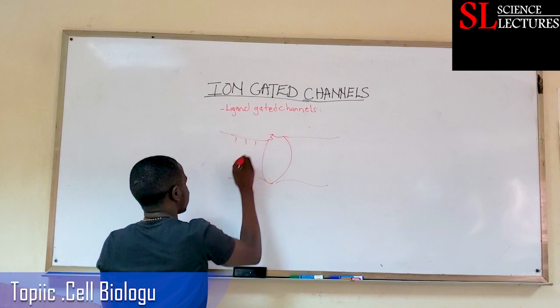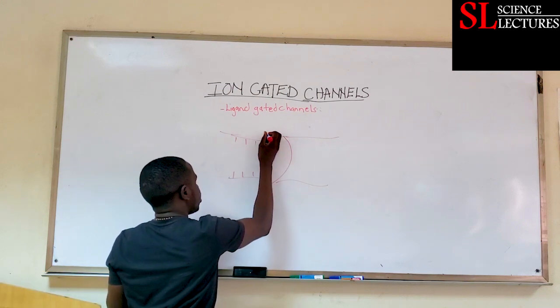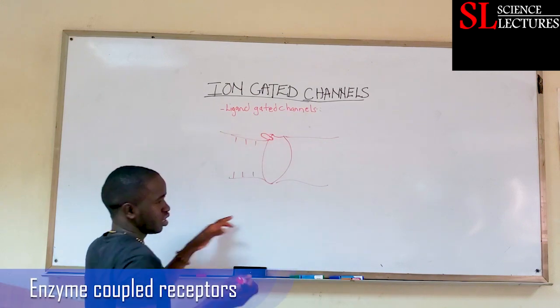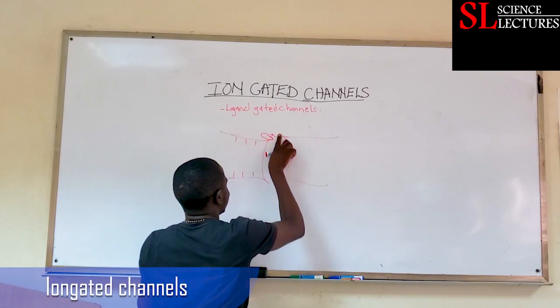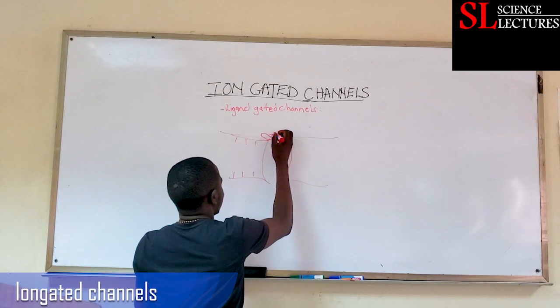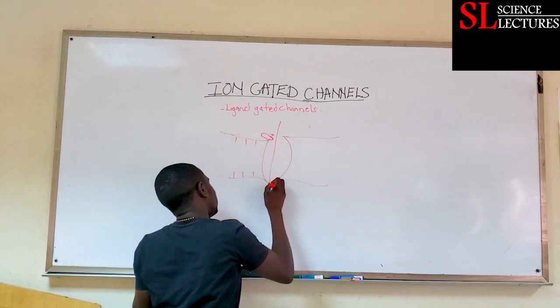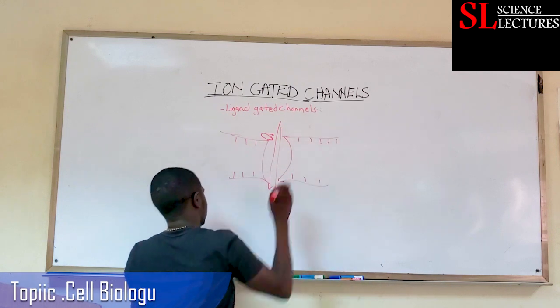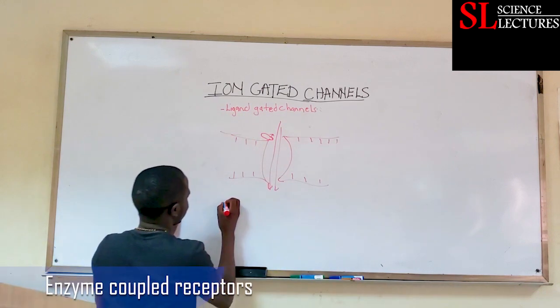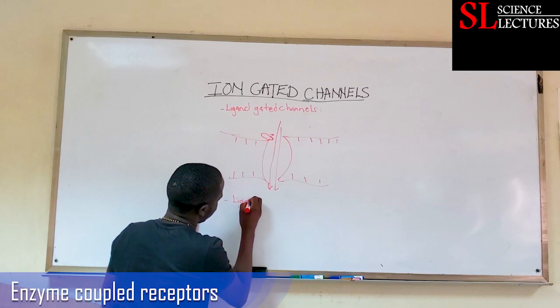Whenever a signaling molecule binds on the receptor, the gate shall open. So when the gate opens, materials can enter into the cell.